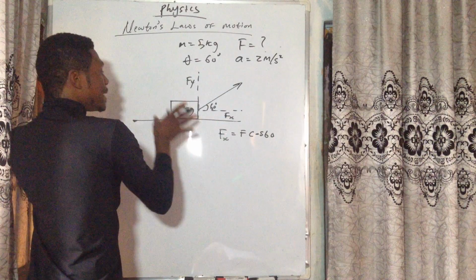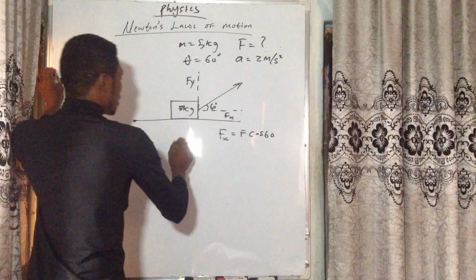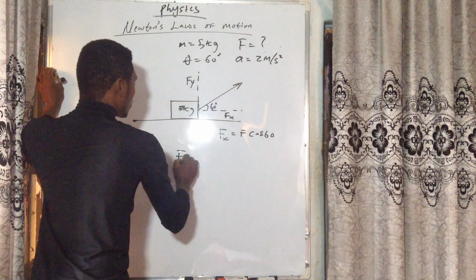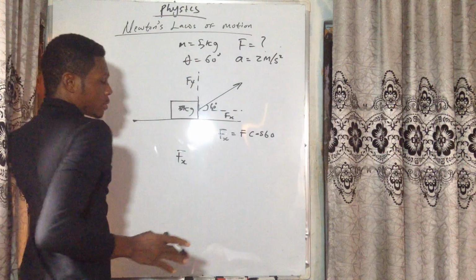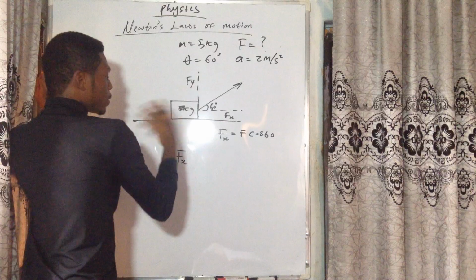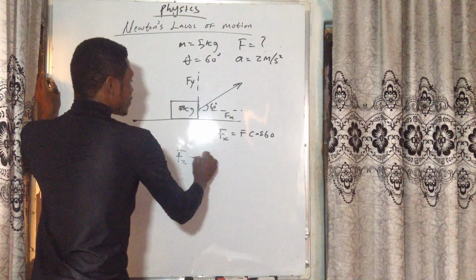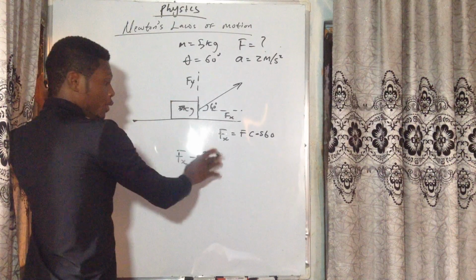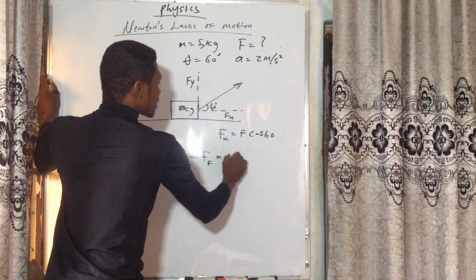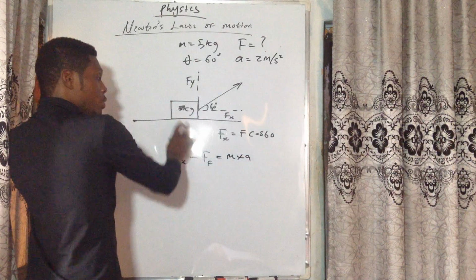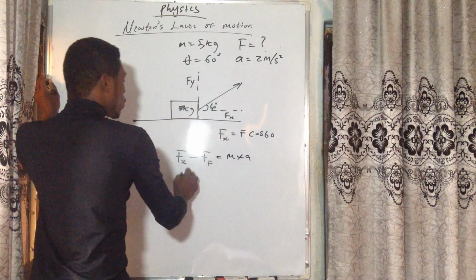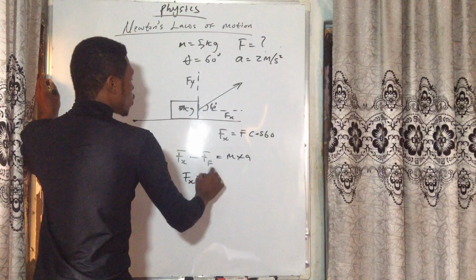You know that the net force will be Fx, because there is no friction. Or you can say Fx minus Ff, where Ff is equal to 0, no friction. It is equal to mass times acceleration.